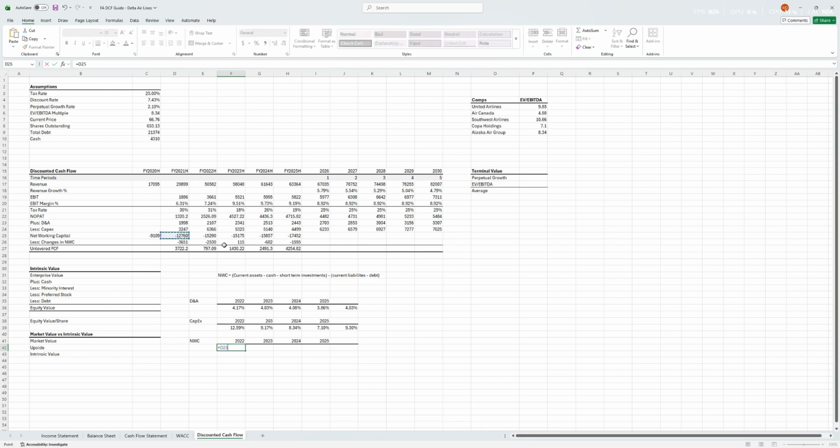Equals net working capital, wrong year. Equals average.